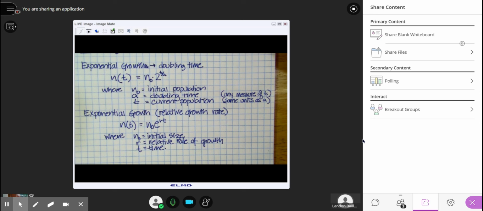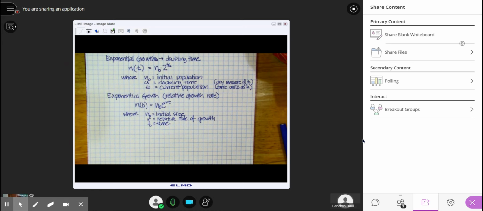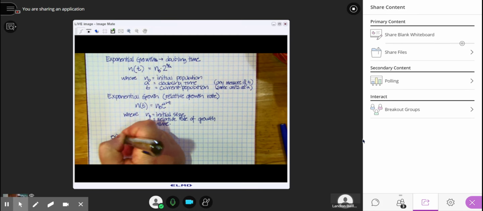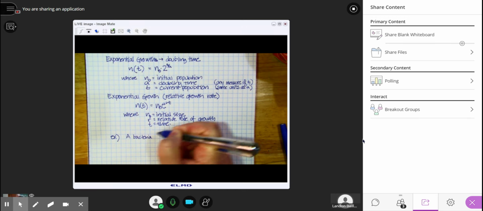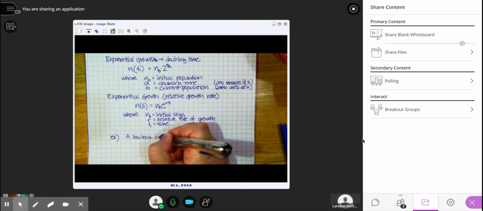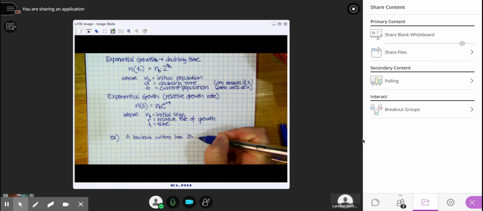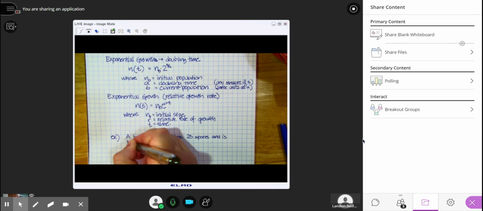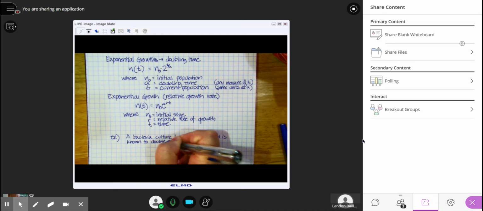Okay, so some sample problems here. Here we go. A bacteria culture has 25 spores and is known to double every 5 hours.